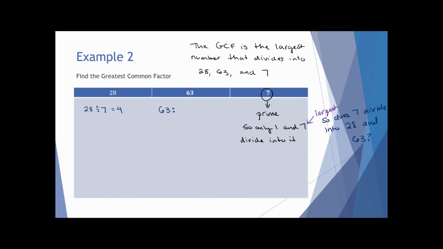And 63 divided by 7 is 9, which is a whole number. So that means, yes, 7 divides into 28 and 63 because they come out to whole numbers. So that means 7 is our greatest common factor because it's the largest thing that divides into 7 and it goes into both 28 and 63.